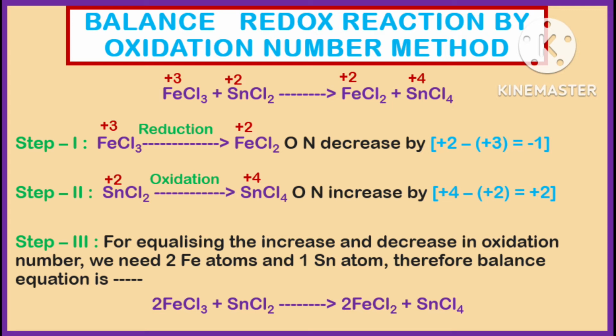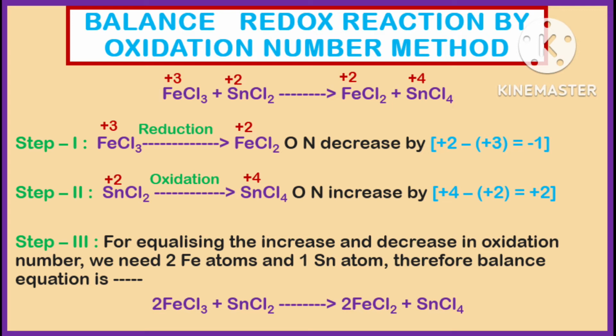Then here you have to write some coefficient, so that at least one, either negative or positive, should be the same on both sides. For the positive side, I am talking about chromium being positive: 6 into 2 is 12, 12 positive charge.